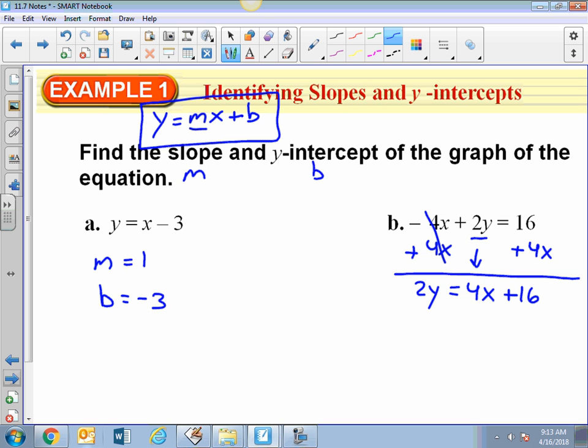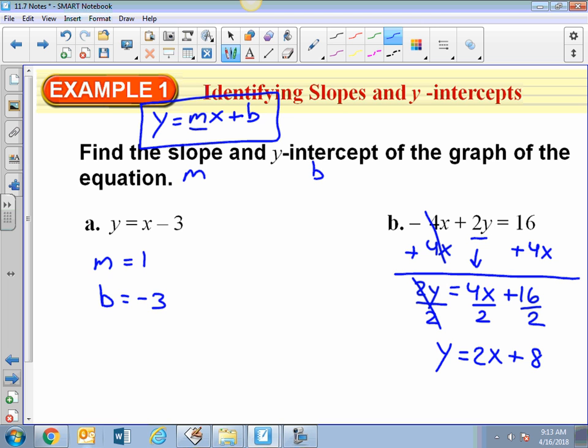To finally finish this problem, we have to divide by 2 to get the y by itself. You have to divide every term by 2, meaning if there is a plus or a minus sign separating two different numbers and variables, they are both considered terms. So you do have to divide those both. So that cancels. You get y equals 2x plus 8. All right.